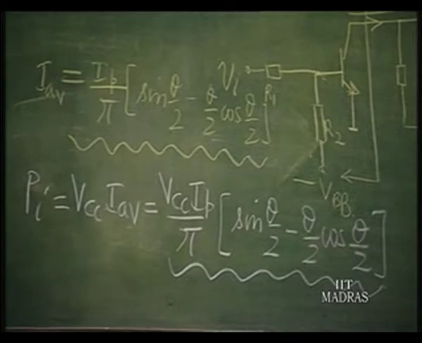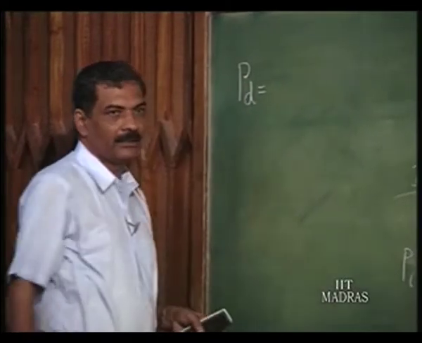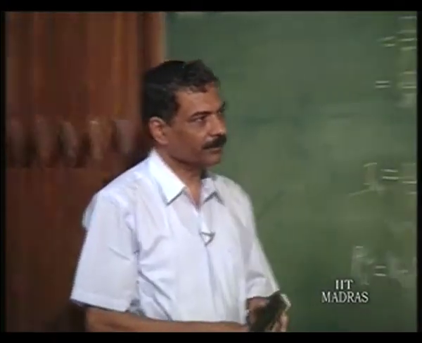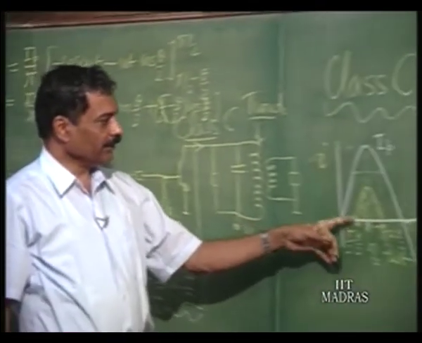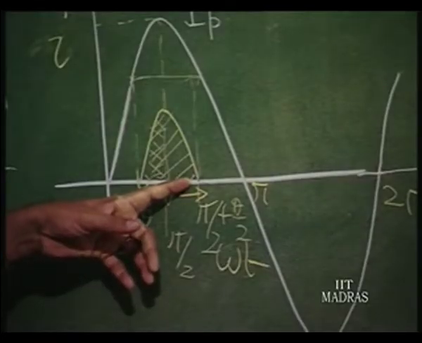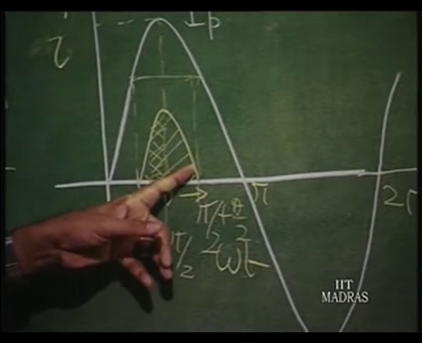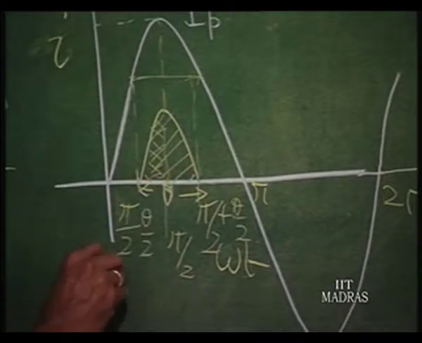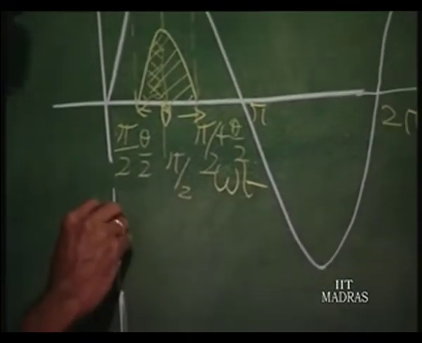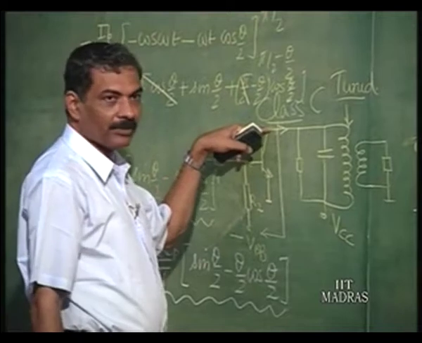Now, we would like to find out the power dissipated during that time. You look at it. This is the time during which there is a current pulse by the transistor. This is the time during which the transistor is conducting. Now, we can clearly say that when it is not conducting, the potential here is going to be VCC.